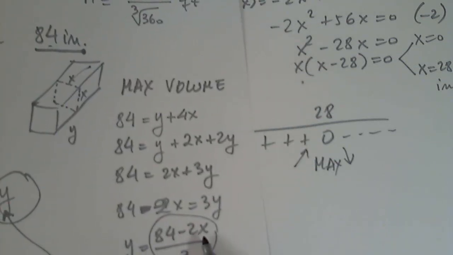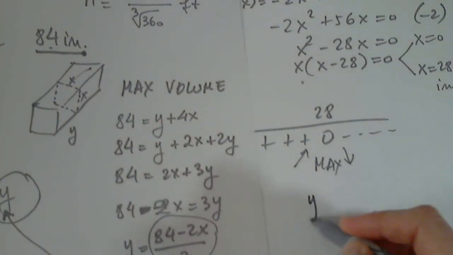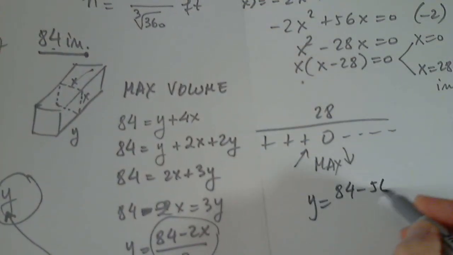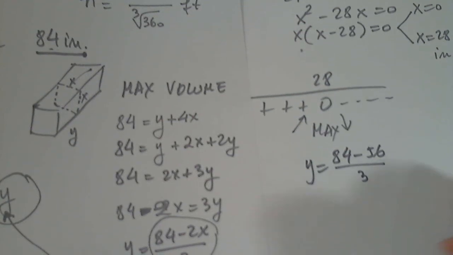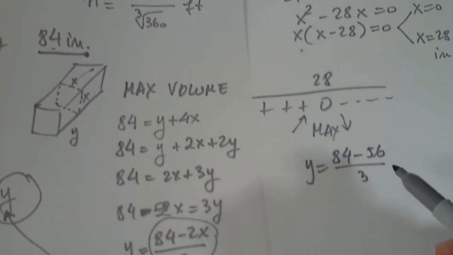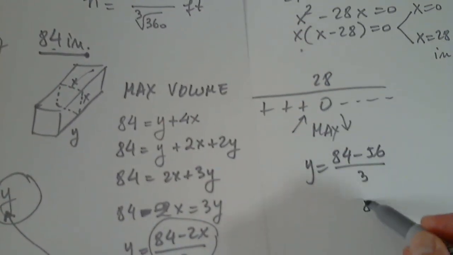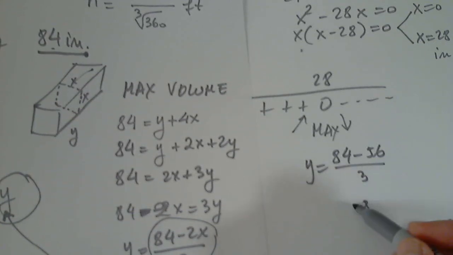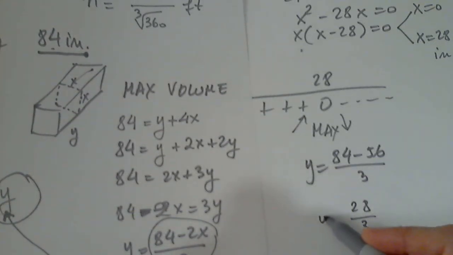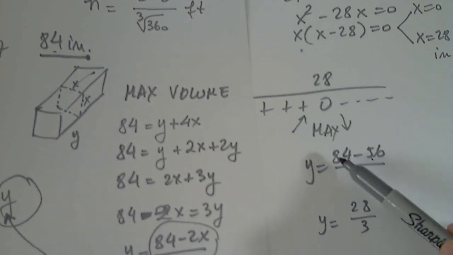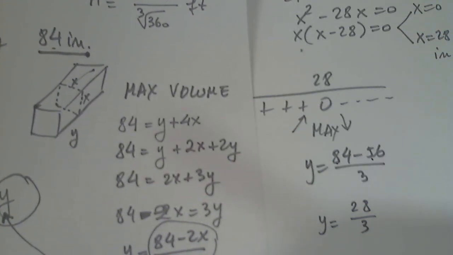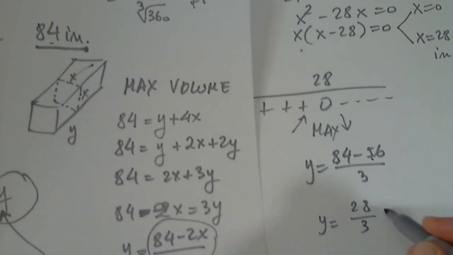So y will be 84 minus 56 divided by 3. So what do I get at the top? I get 28 divided by 3. Is it? So 5 from 7 is 2. 28 divided by 3 in inches.